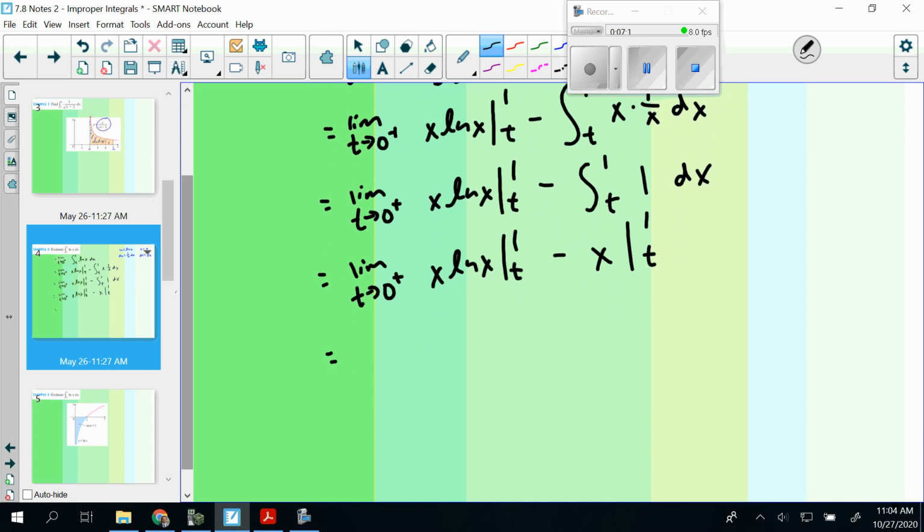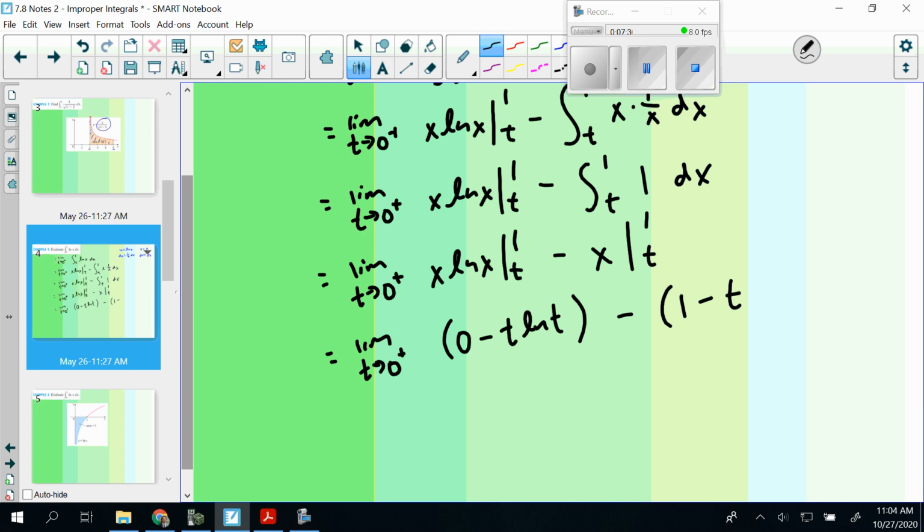All right, so on the first one here, that's going to be 1 times the natural log of 1. Well, natural log of 1 is 0, so that's going to end up being 0 minus, if we put t in there, t natural log t, minus this other one. If we put 1 in, we get 1.